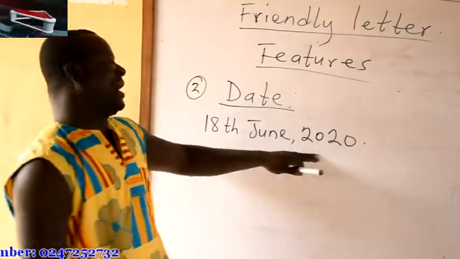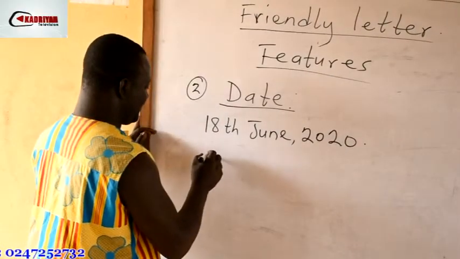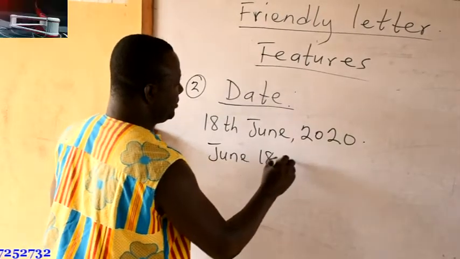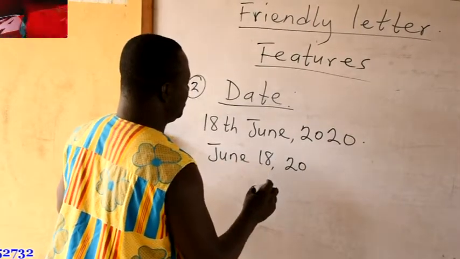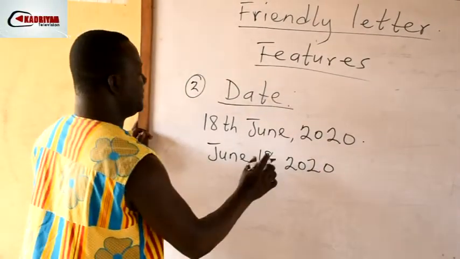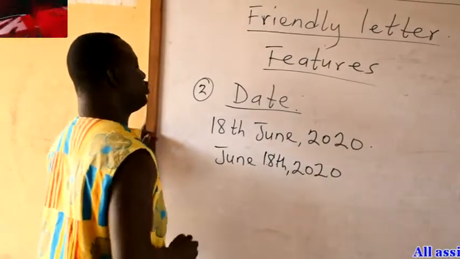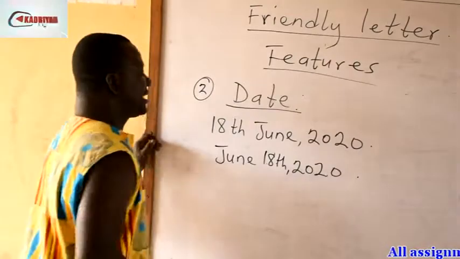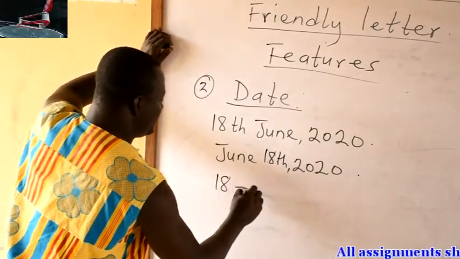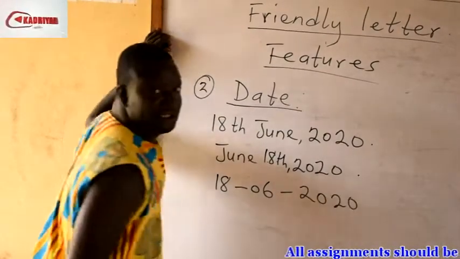So, this is the date. You can also write it like this: June 18th, 2020. You can also write this: 18 June 2020.